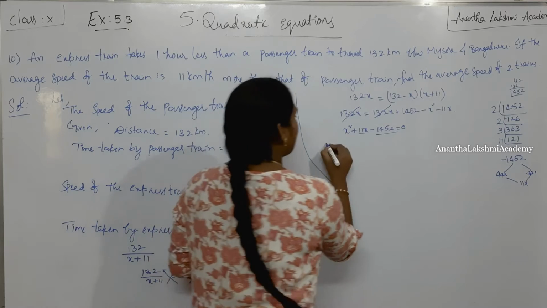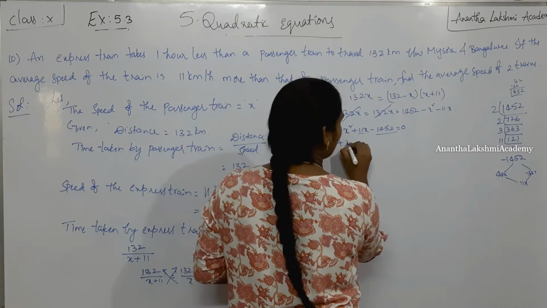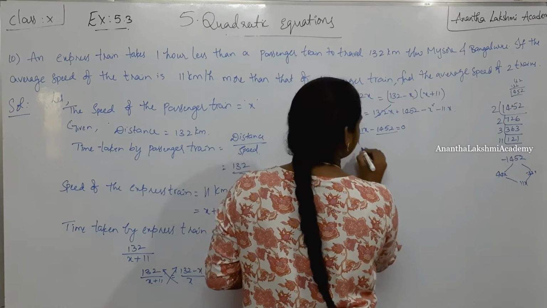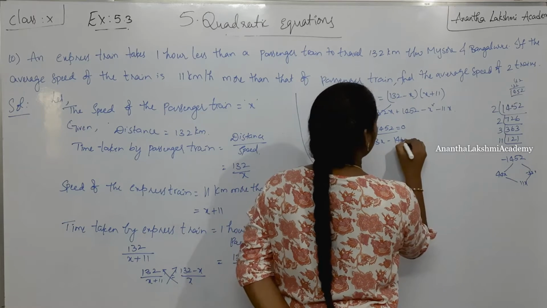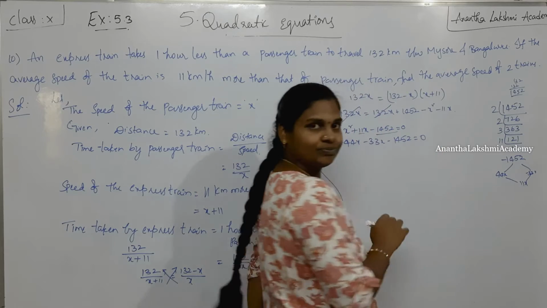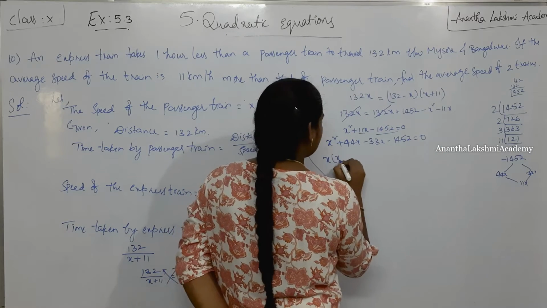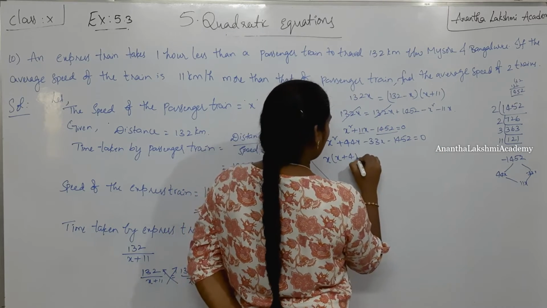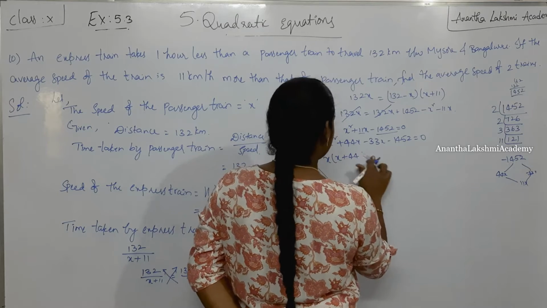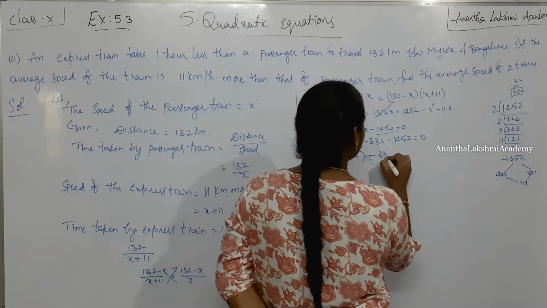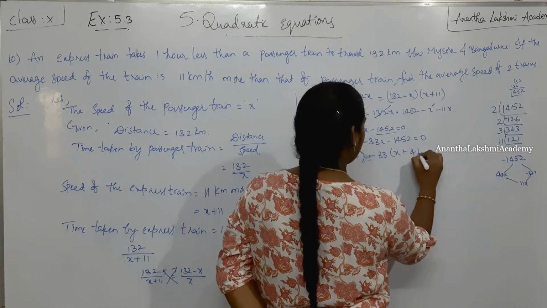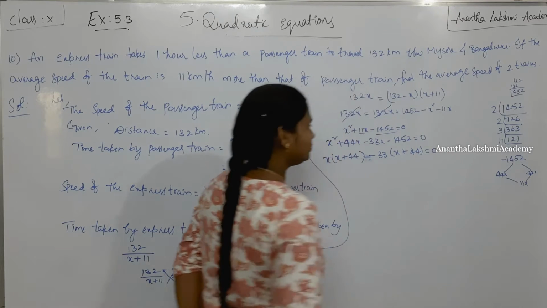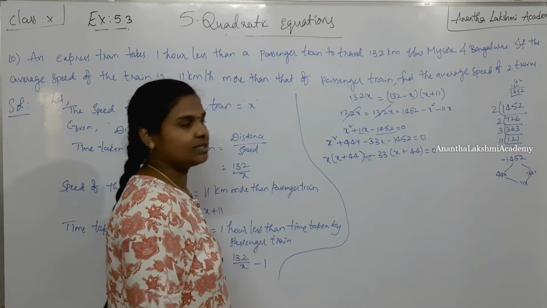Alright. So x square plus 44x minus 33x minus 1452 is equal to 0. Now take x common: x plus 44, if you take x common, x plus 44 minus 33... this is going to be nothing but 1452.